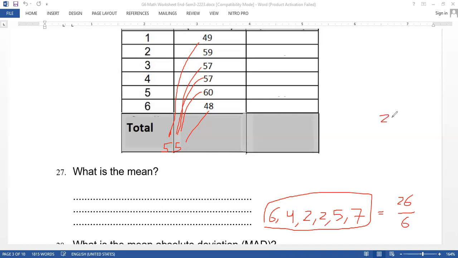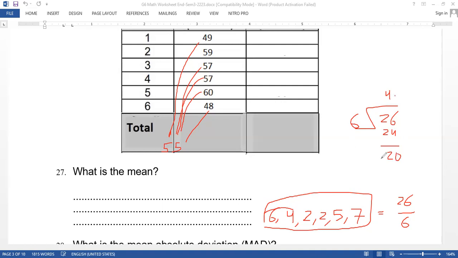So 26 divide 6. Let me make sure of the addition of the sum. 12, 12 plus 10, 22, 26, yes. Now 4 multiply 6, 24.